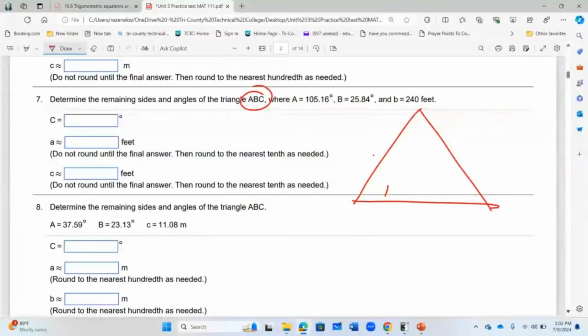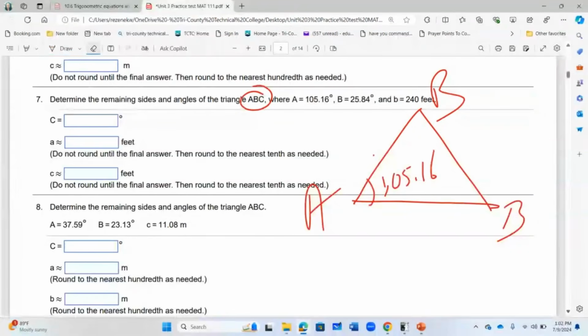I'll name the angles, and my sketch may not look like the original. So this is 105.16 degrees.